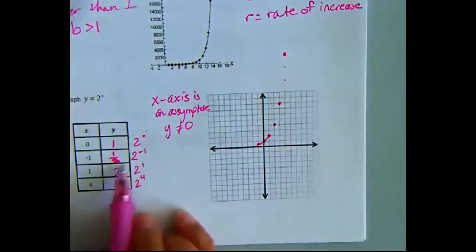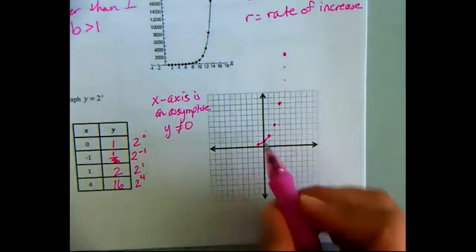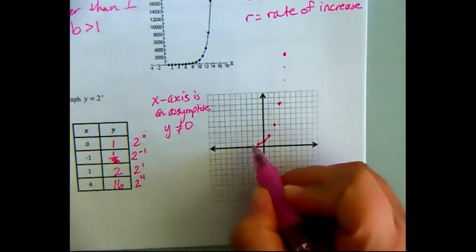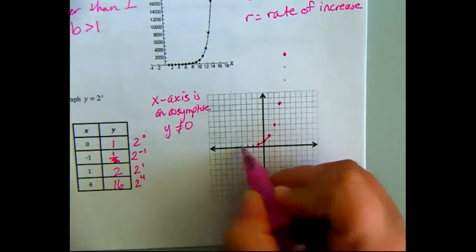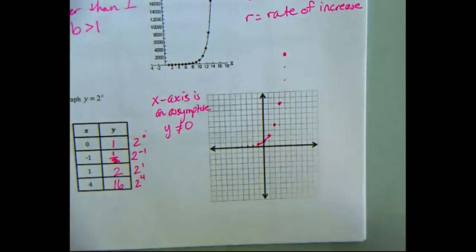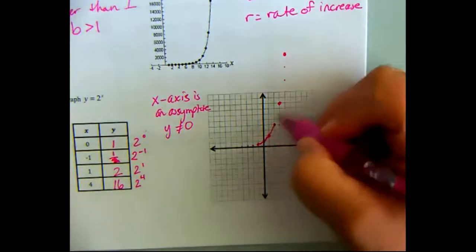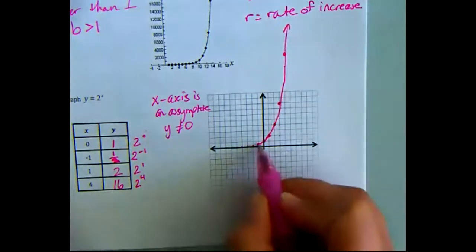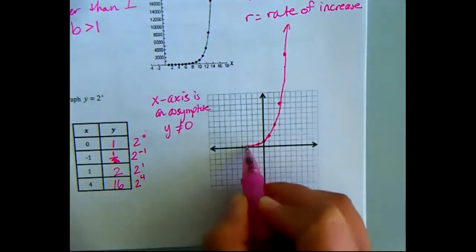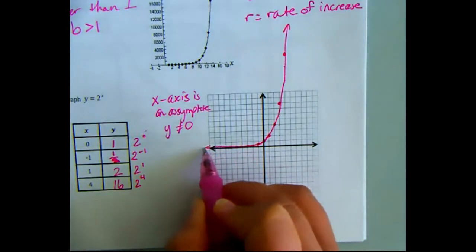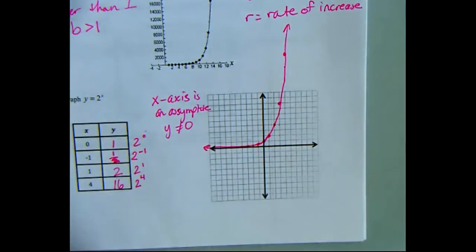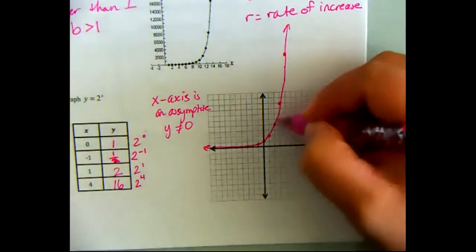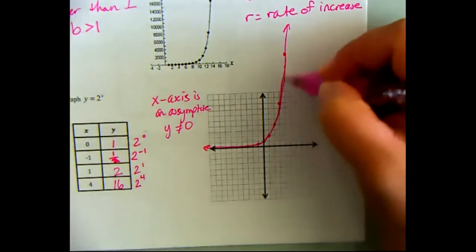But if I did any more negatives, all that would happen is I would just get closer and closer to 0 on this end. So if I connect these dots here, and then over here, I'm going to make sure that I'm skirting right by my x-axis, but not crossing it, because it is that asymptote. We do not want to cross that asymptote.